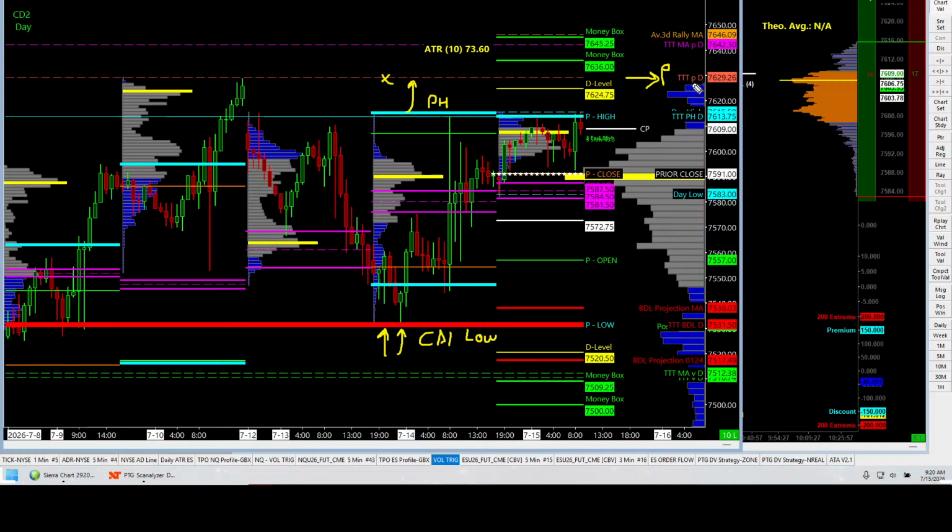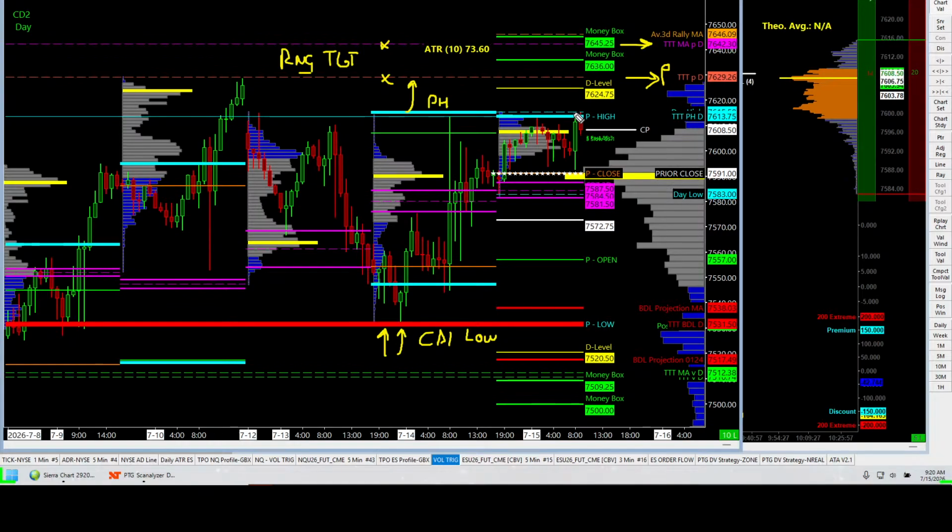We have the first one here, just P, and then there's the MA, which is the next one. So again, these are various calculations. Basically these represent a range target zone, if you will, if the market clears and converts the prior session's high.